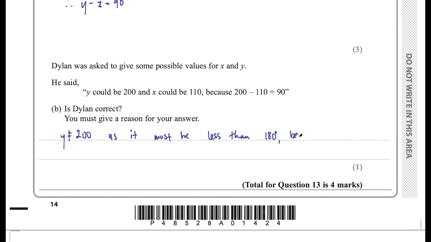So because angles in a triangle add to 180. Also, as I said, you can use the fact that angles on a straight line add to 180. And that was part B for 1 mark and question 13 for 4 marks.